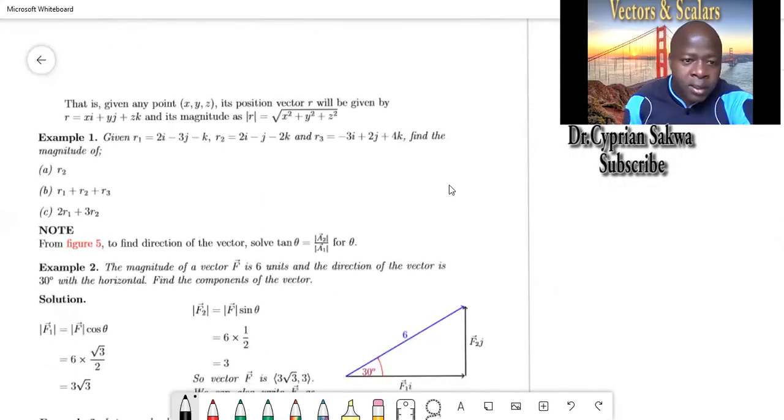And that's what I've stated here: given x, y, and z, these are coordinates, and its position vector r will be given by this. This is a position vector.